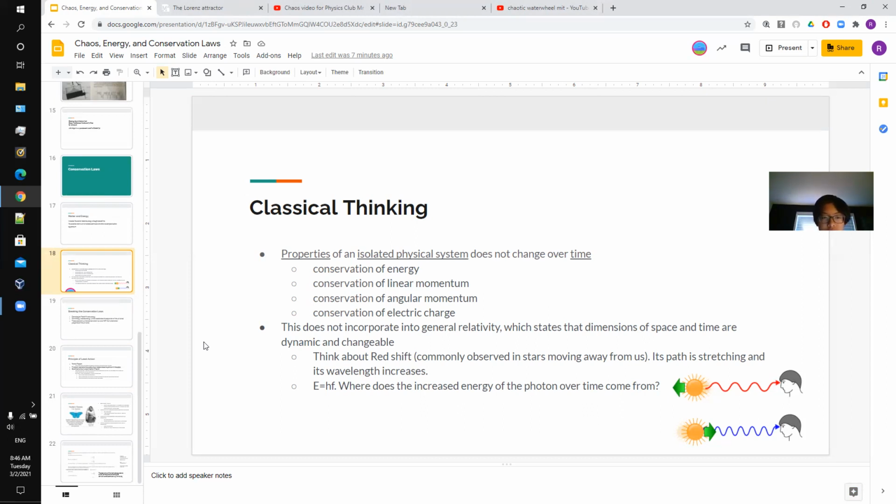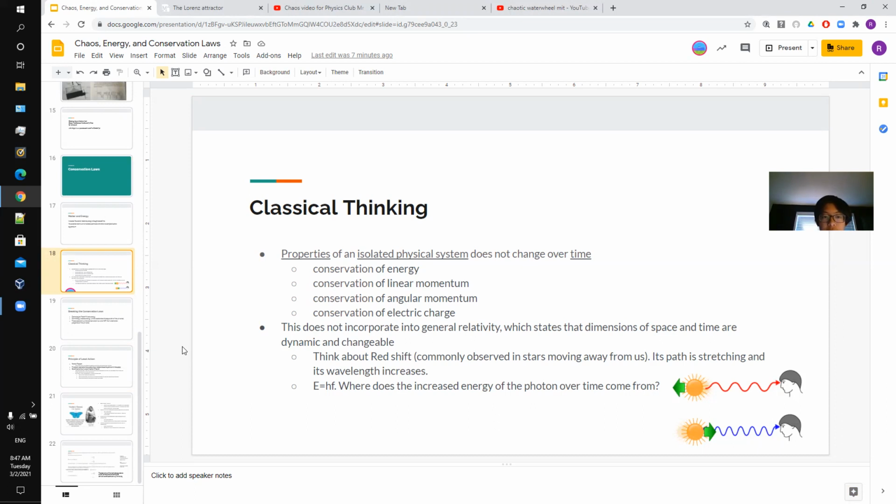For now, the laws we use include conservation of energy, conservation of linear momentum, of angular momentum, and of electrical charge. All of these, respectively, would need something more generalized as we see the history of physics getting more developed and new concepts introduced.